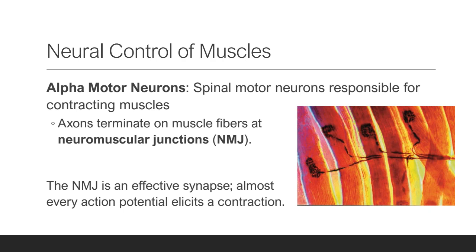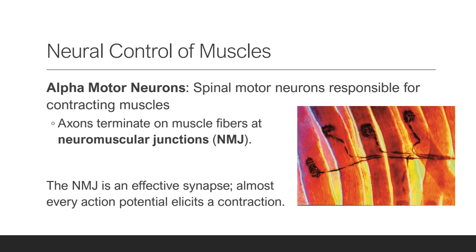So motor neuron axons branch into many different terminals near the target muscle. So that's what is being shown in this picture here. The red stripes in this picture are muscles, and the black parts here are the axon terminals synapsing onto the muscles.